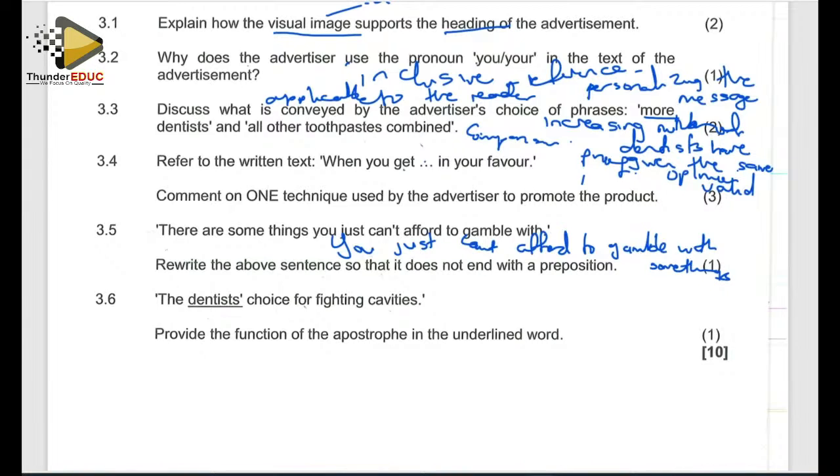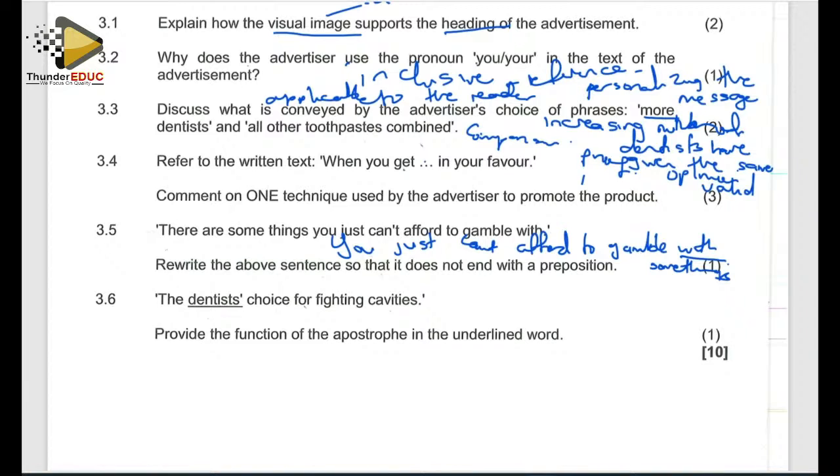Yes. You just can't afford to gamble with some things. We are not supposed to end with a preposition. So now it's in the middle. Rewrite the above sentence, yes. So the preposition goes into the middle and not at the end now.